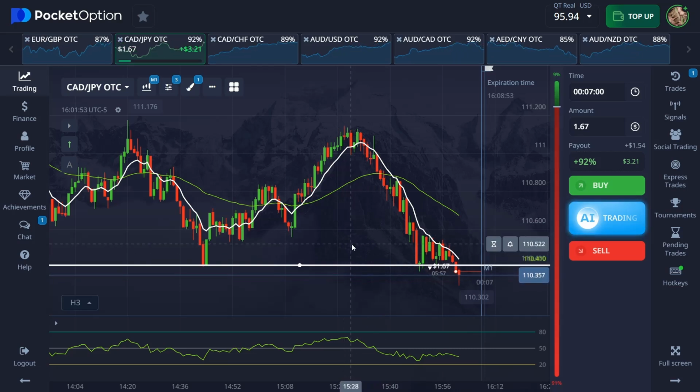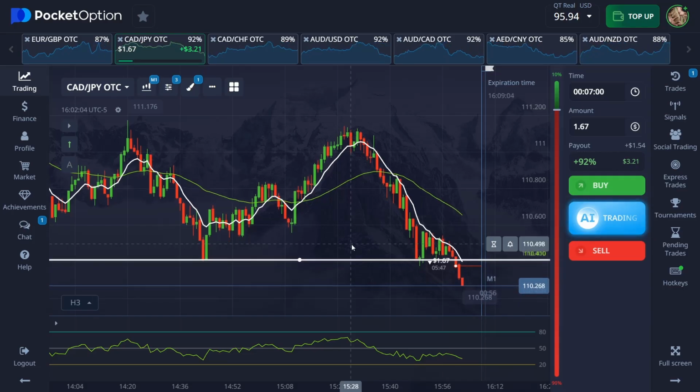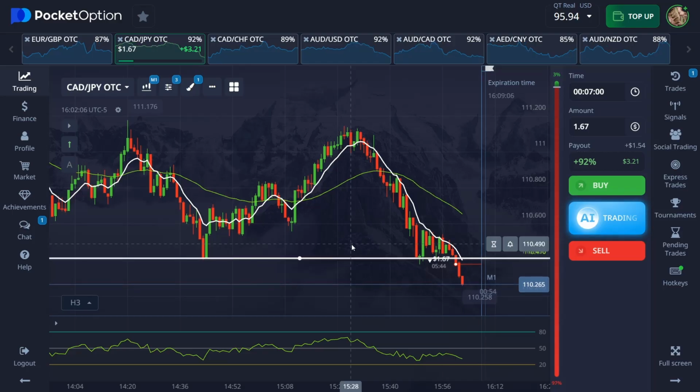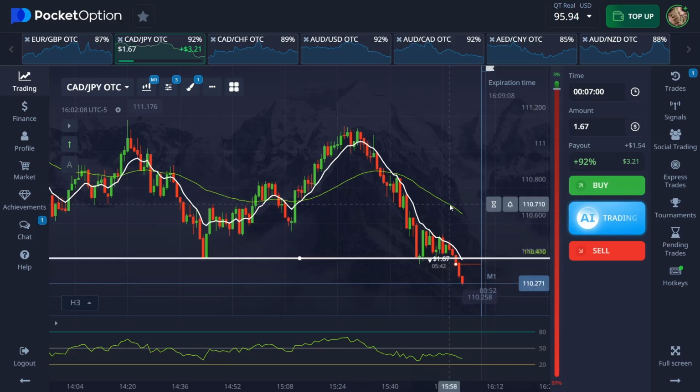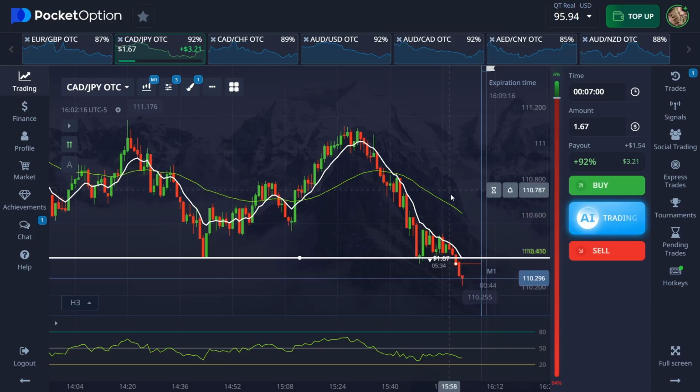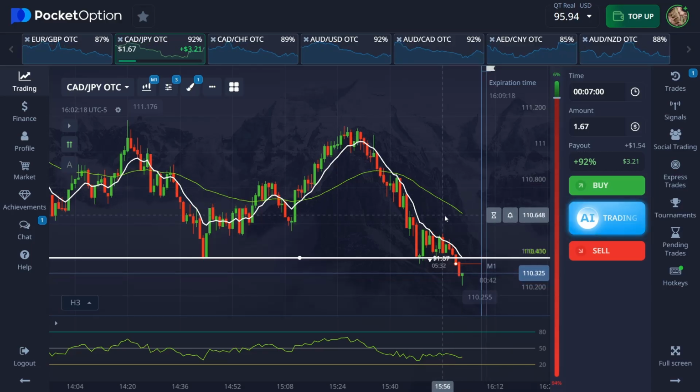Depending on your lot size, you make a profit. That's how you calculate the profit, because remember that you went long and you caught 10 pips. Depending on the lot that you were using, that's how you calculate your profit. That's the main difference between forex and binary option.